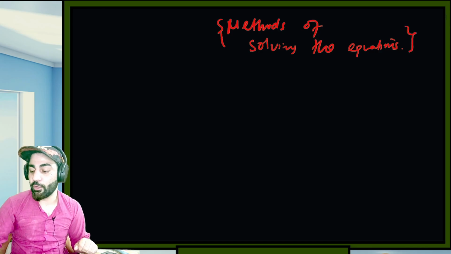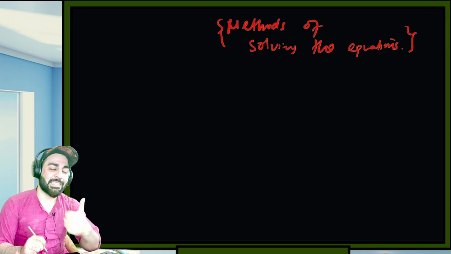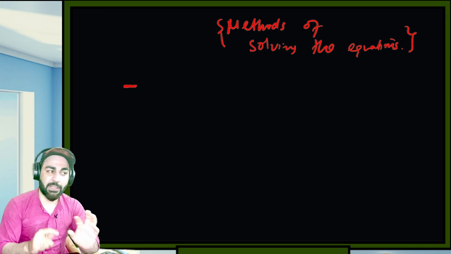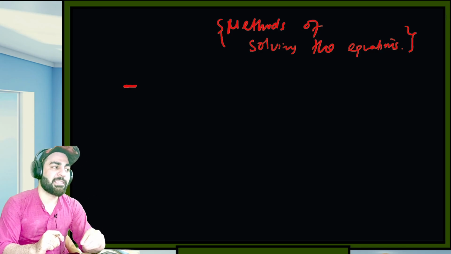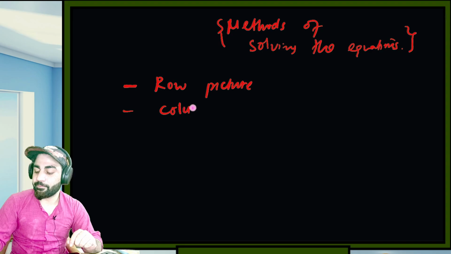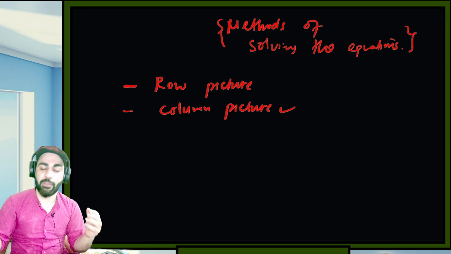So today's lecture, if I just summarize it, was focused on this: when you see these equations, if they are in 1D, 2D, you should imagine them in a certain way. So we saw a row picture and a column picture, and most of the time you should go with the column picture. This is very easy to visualize.